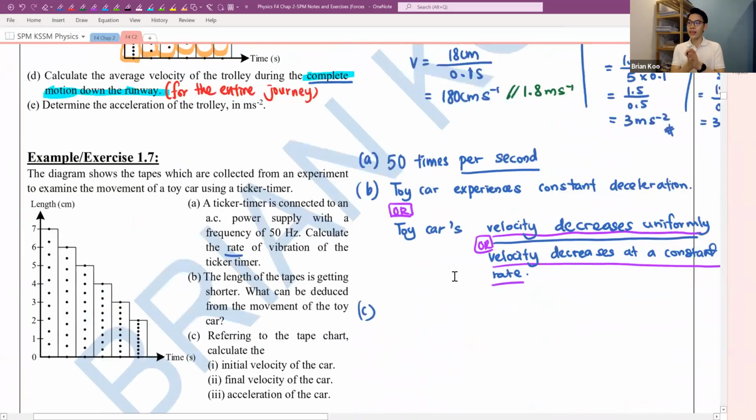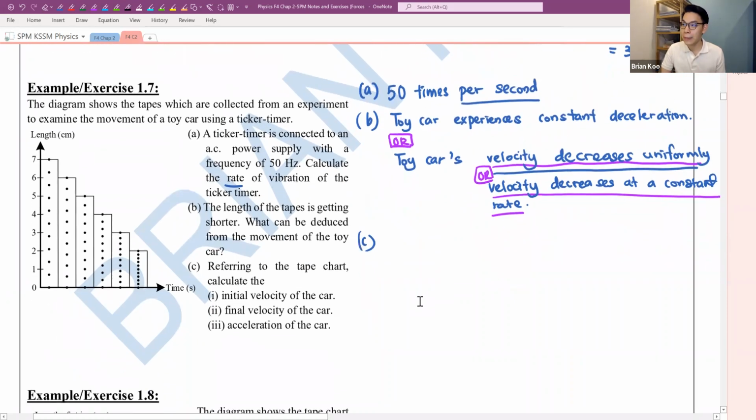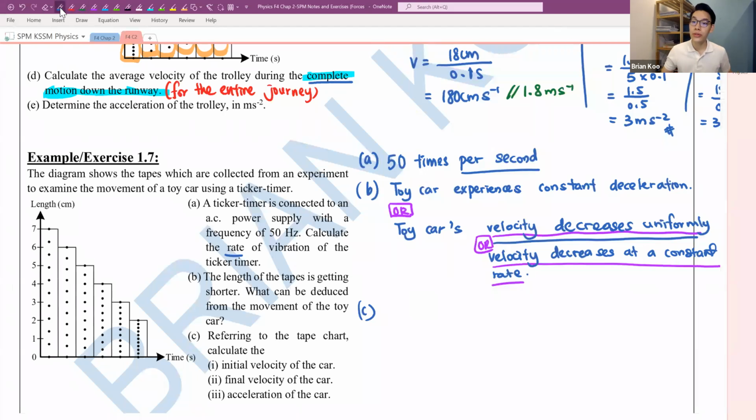Okay, can you guys try part C on your own now? The first part will give you your initial velocity, the U. The back part will give you the V. So that is part C1 and part C2, the two things they're asking for.